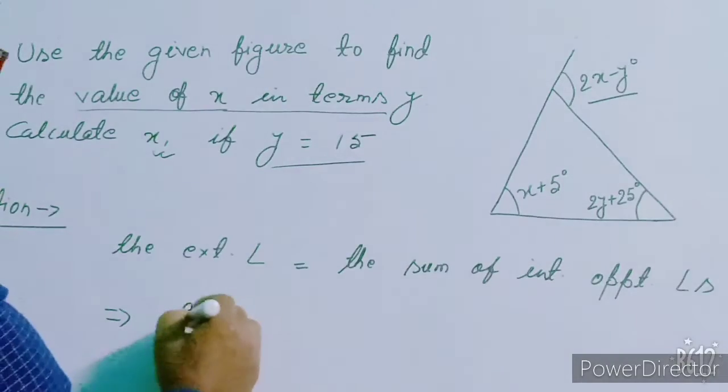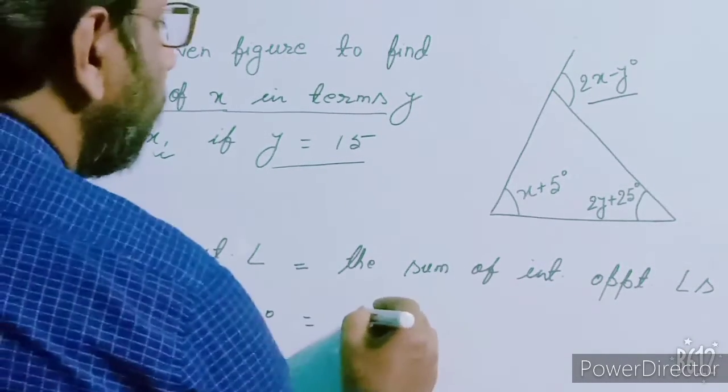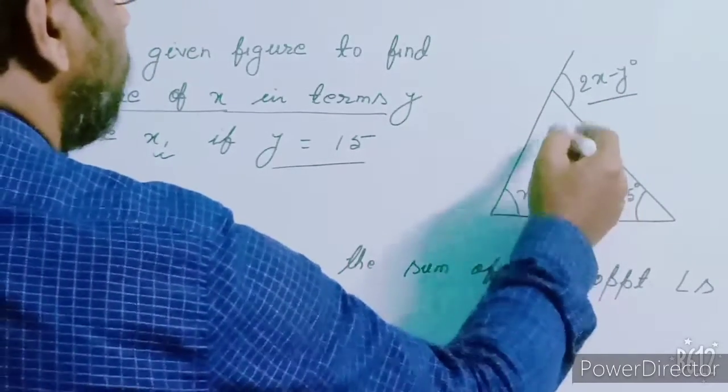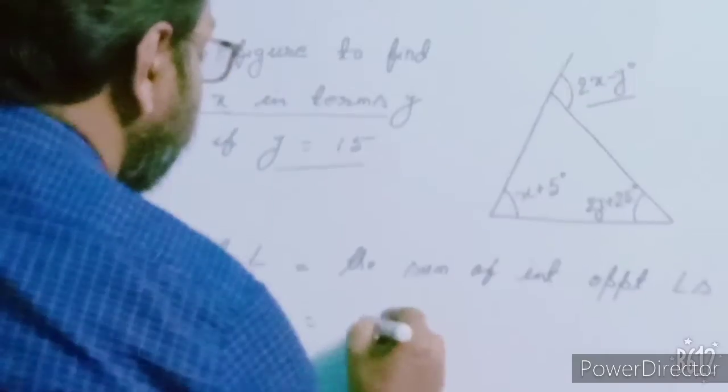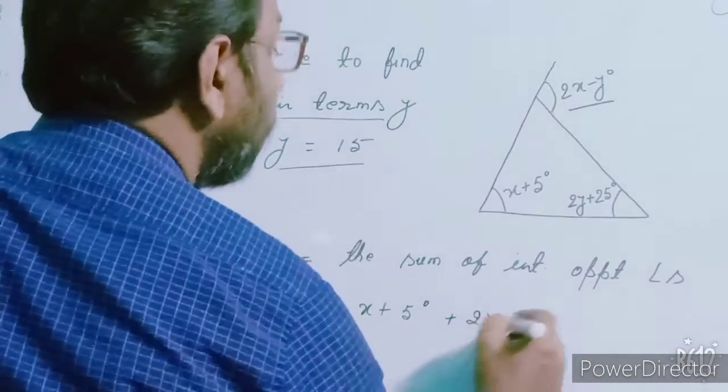Here the exterior angle is 2x minus y, and the interior opposite angles are x plus 5 plus 2y plus 25.